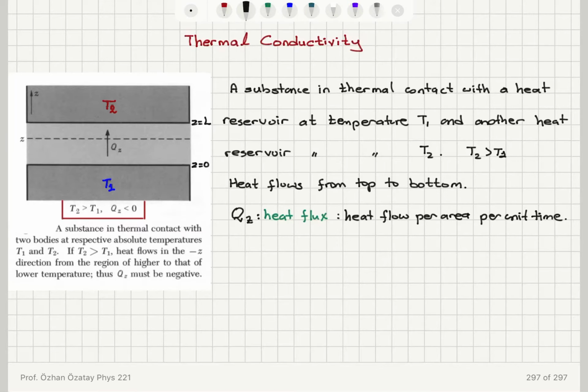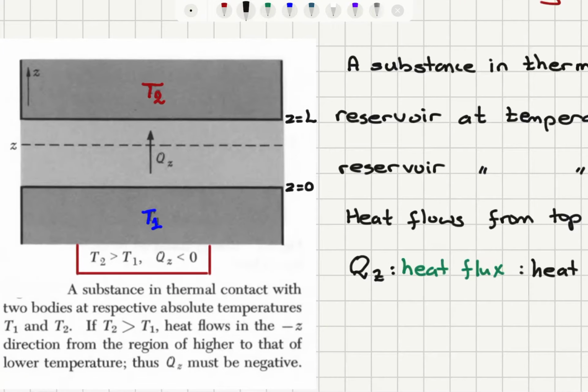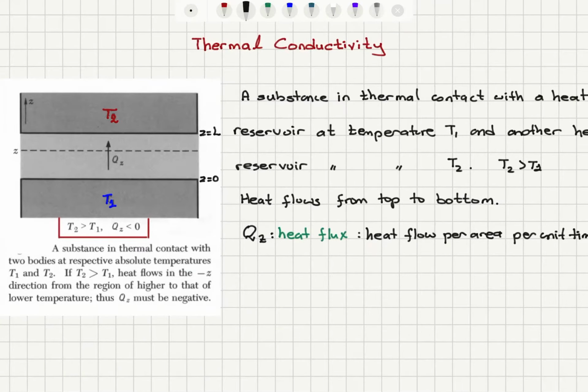So considering Z is equal to a constant plane between Z equals 0 and Z equals L, we have the heat flowing per area per unit time. And as you can see, since the hot side is at the top, this is going to be negative. So it's not positive. So with this convention, it's going to be negative.